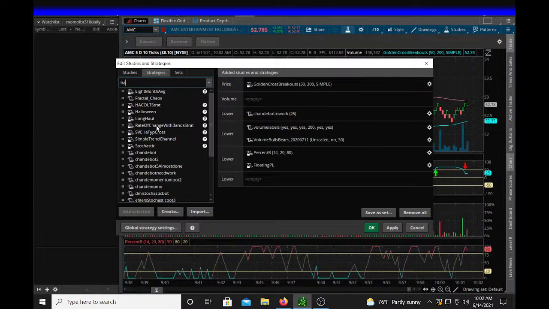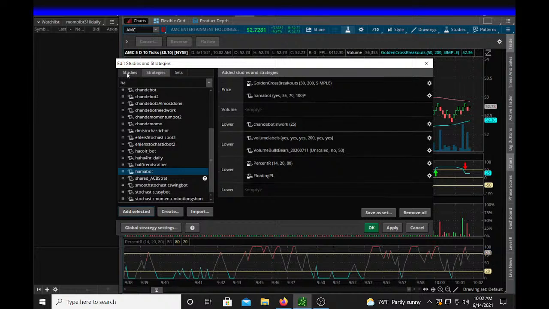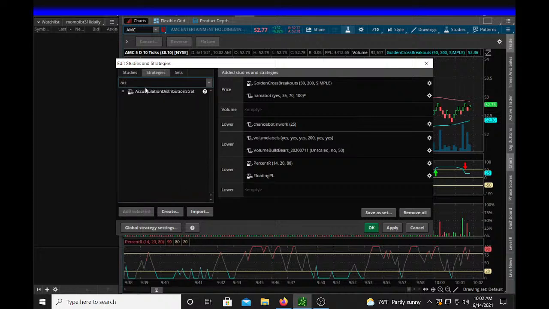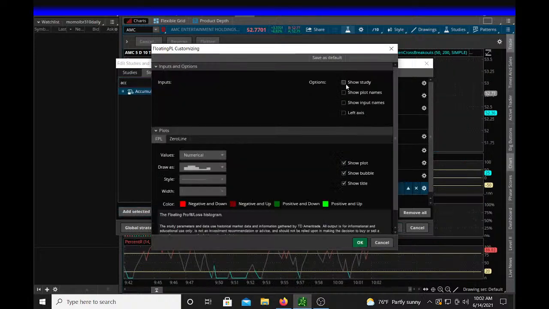Yeah, they're always adding new things. That's why I like Thinkorswim. They do really well to do that. The Hammer bot. Oh, I was looking for the accumulation distribution setup anyway, I think. So let's see how that goes. And let's turn on our P&L just to see.